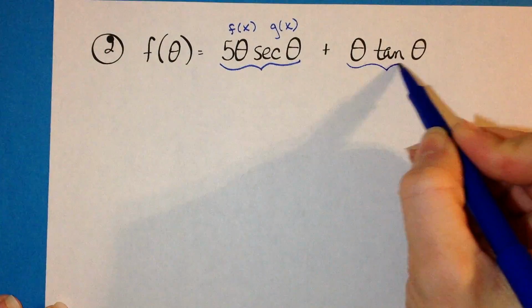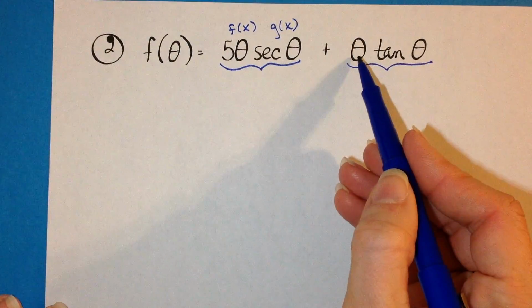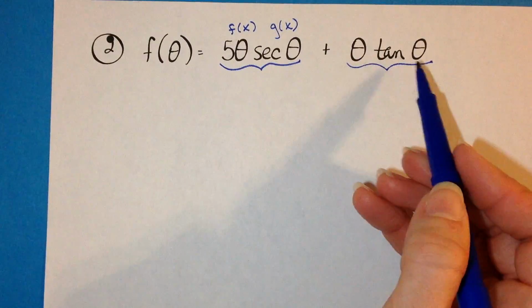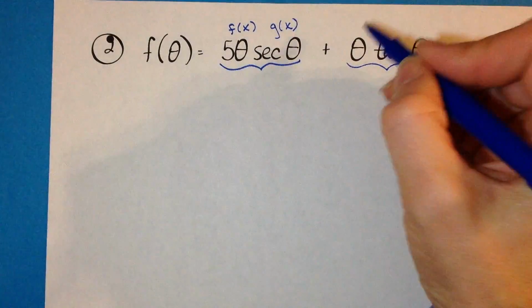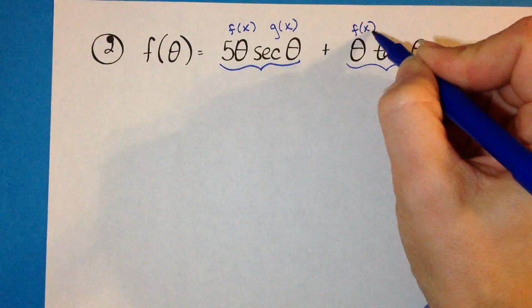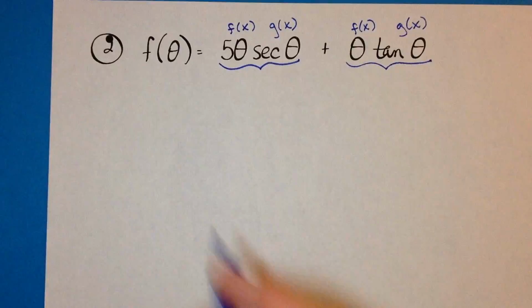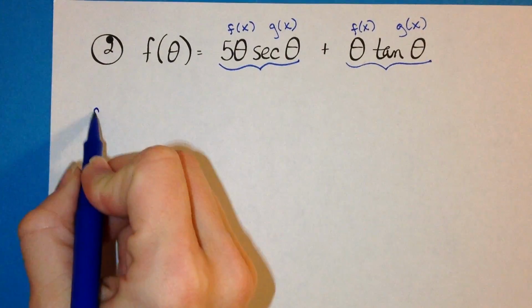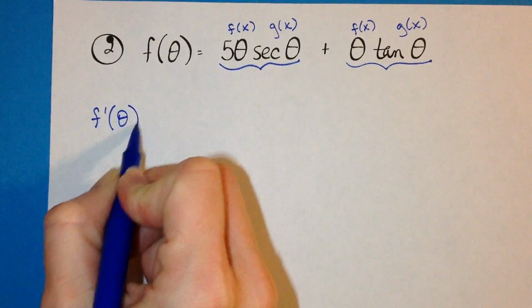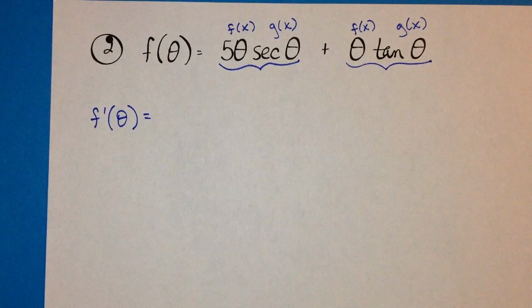And same thing's going to happen here. Theta is one function, that's just your variable, and then tangent theta would be another, so I'll have to use product rule on that part of this as well. So this one doesn't have anything I need to rewrite, but definitely recognizing you've got to do product rule twice.